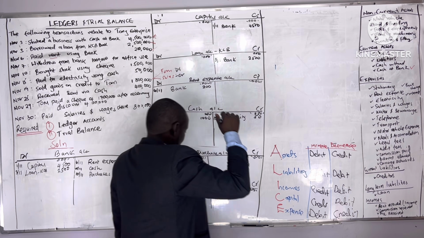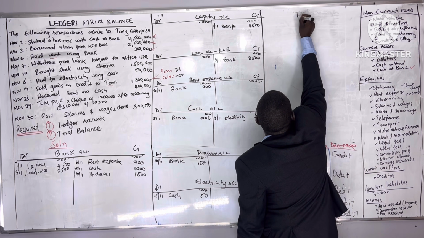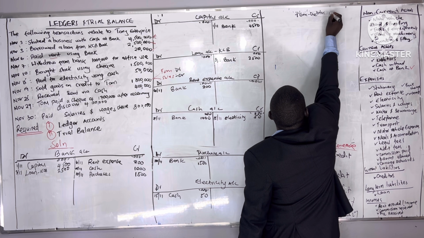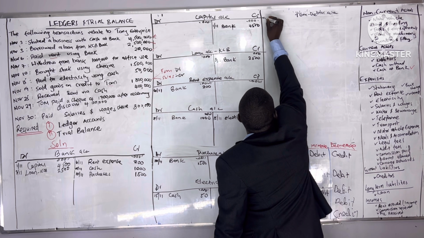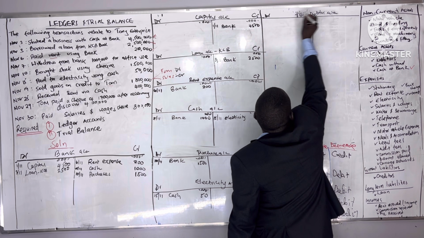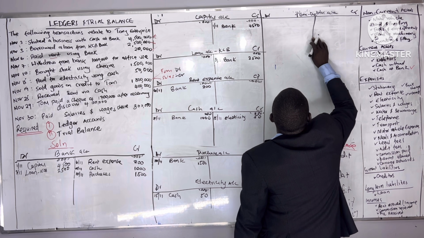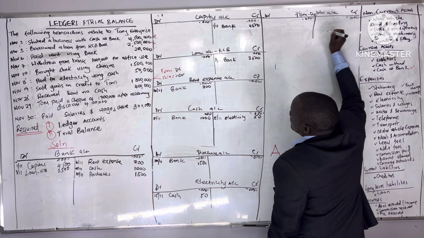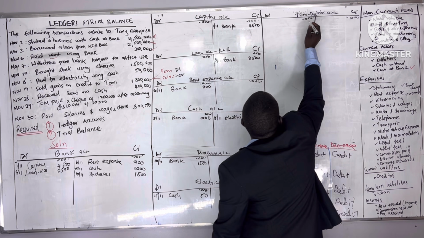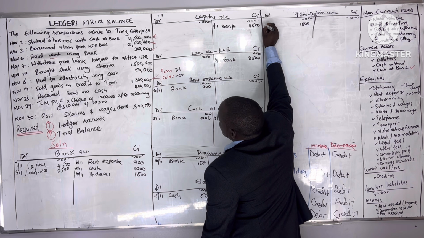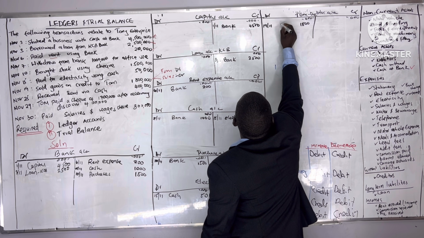So let's open the two accounts here. We open Tom, and we can specify it as a debt account. Here we have debit, here we have credit. The figures are in thousands. What we have sold is 1,800. The date of this is 19th November.